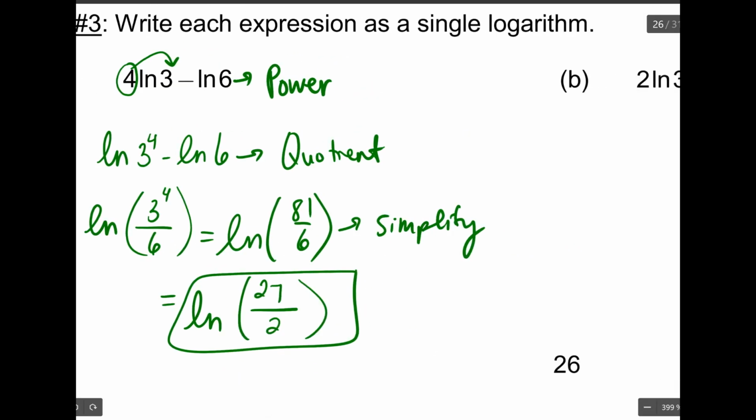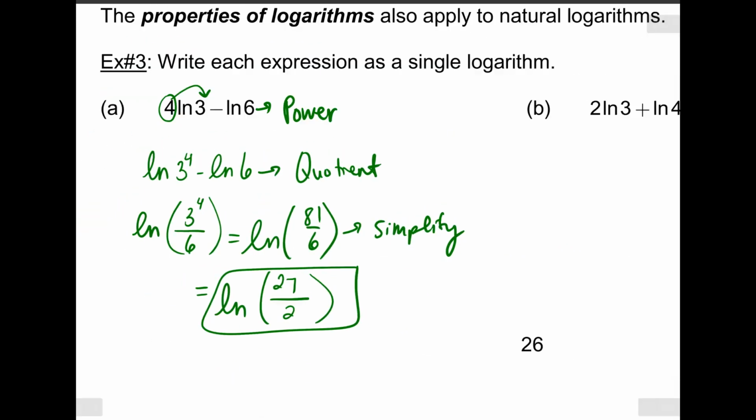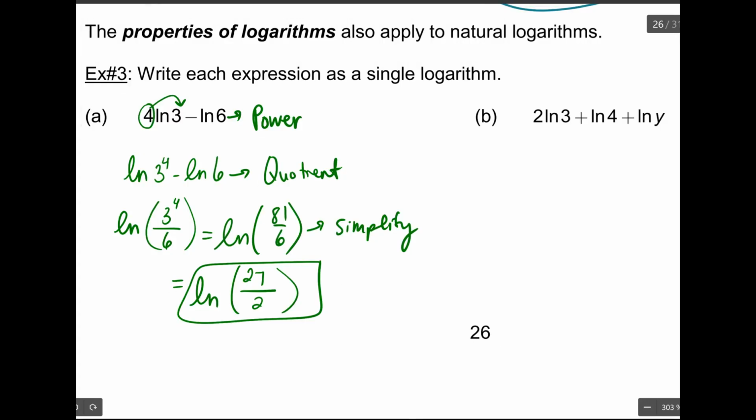Let's try part B. What did you do for the first part? You make 2 the exponent, and it's ln of 3 to the power of 2. Yeah, ln of 3 squared.